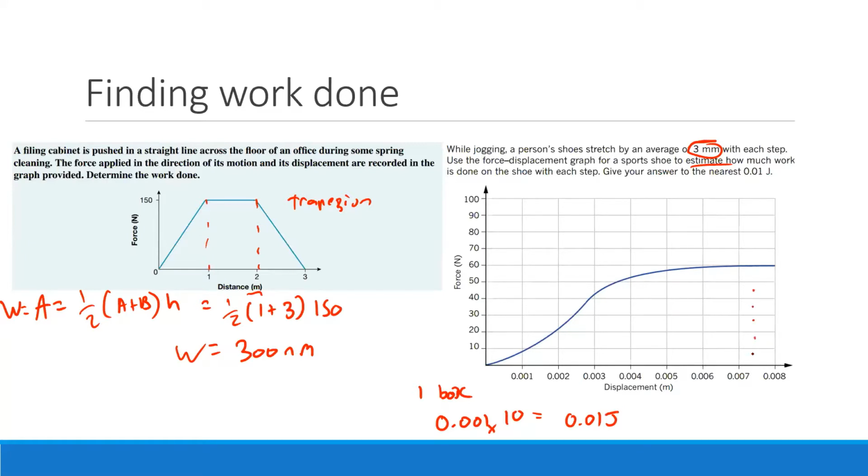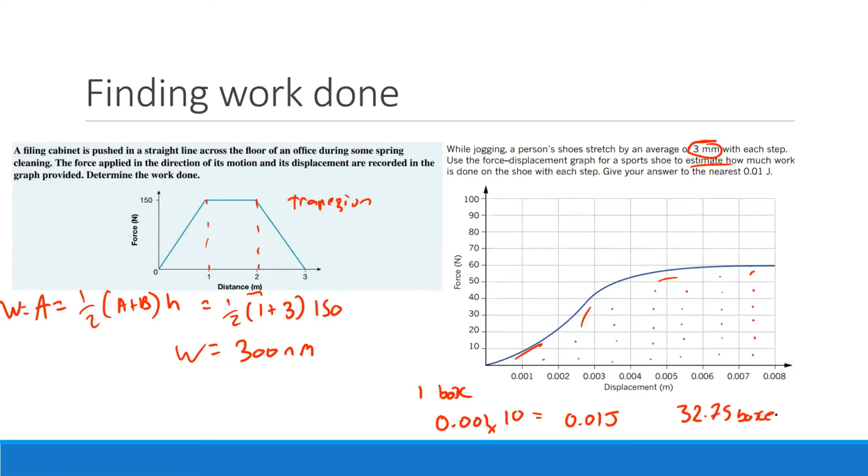1, 2, 3, 4, 5, 6, 7, 8, 9, 10, 11, 12, 13, 14, 15, 16, 17, 18, 19, 20, 21, 22, 23, 24, 25, 26, 27. Then we'll look for half boxes. So that one there is probably 28, 29, 30, 31, maybe 32, and then I'm going to call that 32.75 boxes.